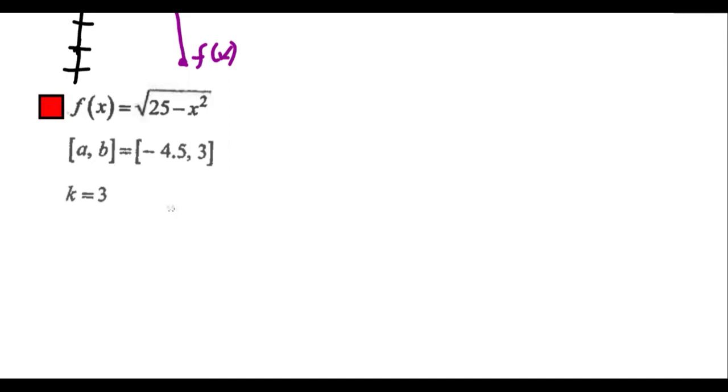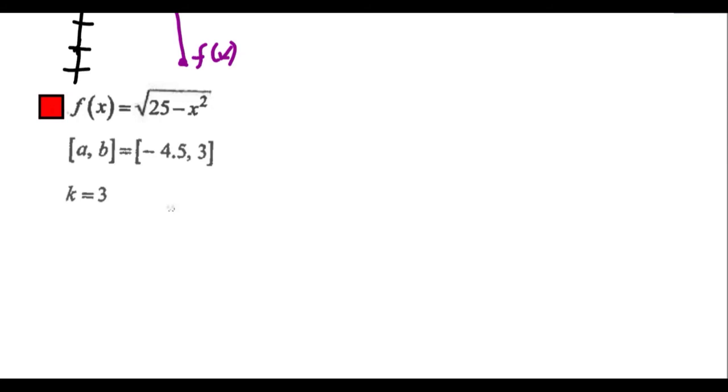Define the domain of any square root function. What can you not do underneath the square root? Negative. So whatever is underneath the square root has to be greater than or equal to 0. So your domain is anywhere whatever is underneath the square root is greater than or equal to 0.